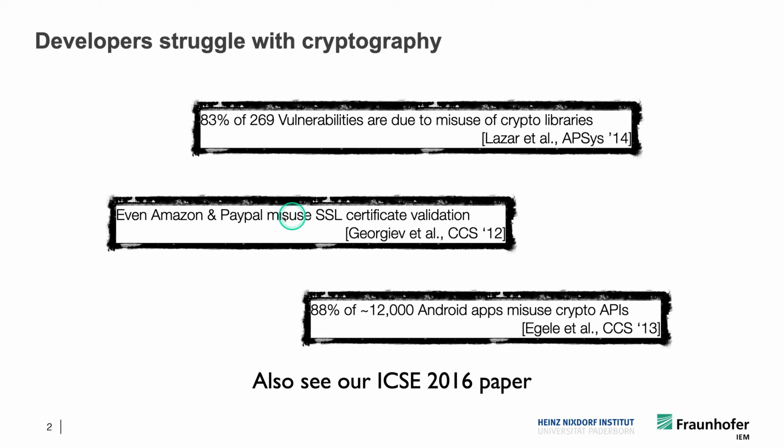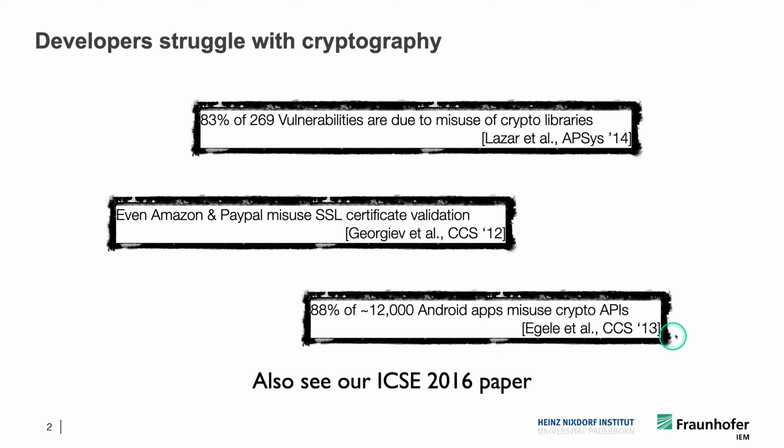Then there were other studies that showed, in particular with regard to SSL certificates, that many applications that actually are supposed to validate the authenticity of connections using TLS certificates, they actually fail to do so properly because they are simply misusing certain APIs.